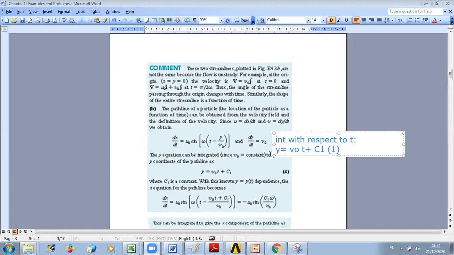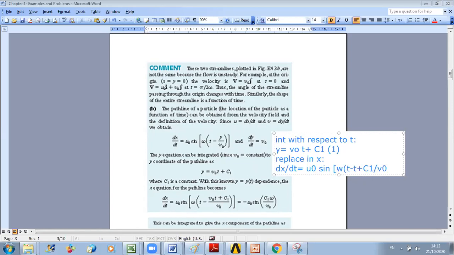So if I replace y by its value in this expression, I get that dx by dt is equal to u0 times sine of omega times t minus, I will replace y by its expression, which is v0t plus c1, and since I should divide by v0, I will get minus t, and plus c1 over v0.